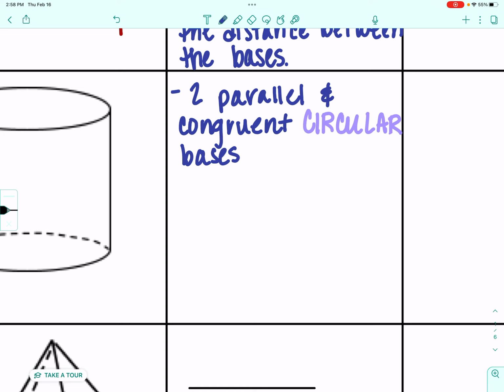The huge difference between the prism and the cylinder is that the cylinder must have congruent circular bases. If you don't have circles on the top and bottom or on the ends, you don't have a cylinder.